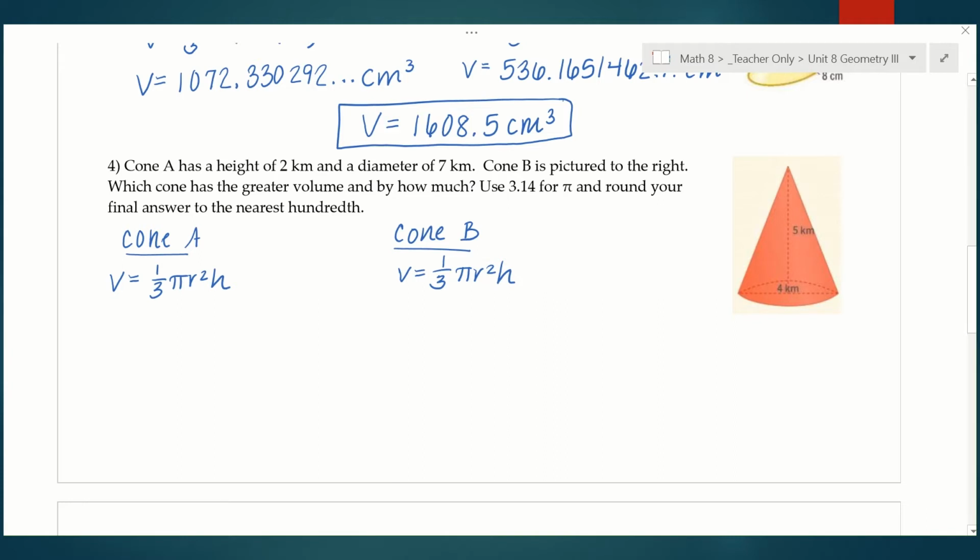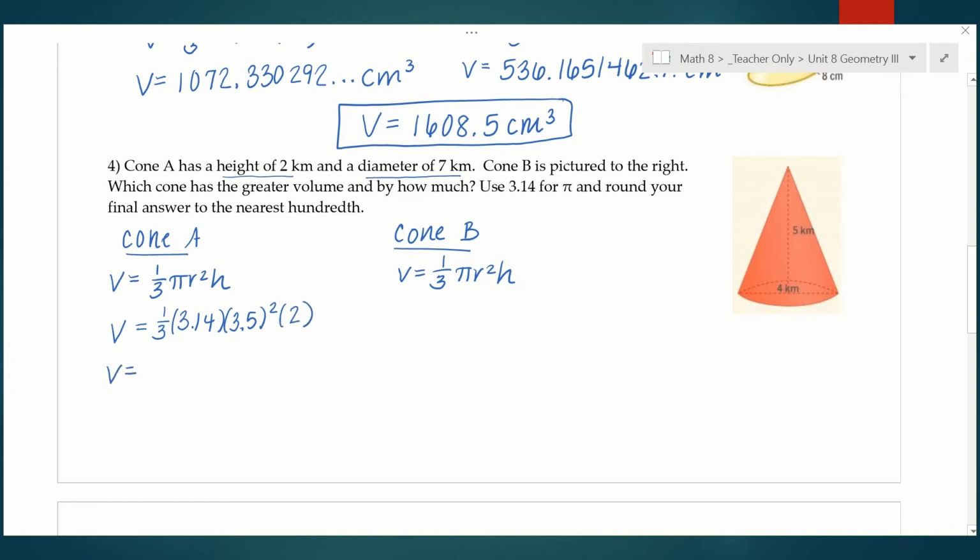Okay, so let's start with cone A. So 1/3, again, we're plugging in 3.14. Now it says that the diameter of cone A is 7 kilometers, which means the radius is half of that. So 3.5 is what I'm putting in, squared, times, and it tells me the height is 2.